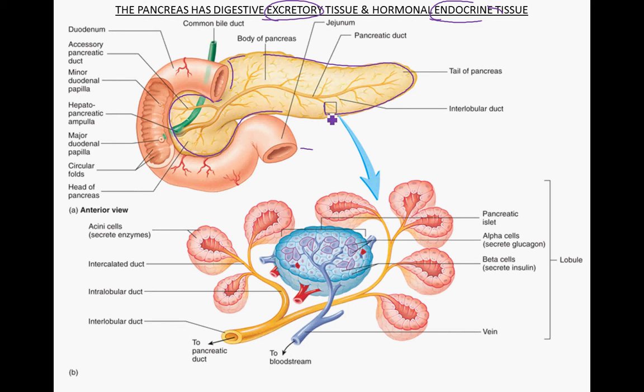If we zoom in on just a section of that, we're going to see the two different types of tissues. Here we have glandular tissue, and these would be the cells. This would be the lumen, and the secretion would move into this duct, and we just trace where this goes. This is going to go right to the pancreatic duct. That's the name of this. And then this is going to dump into this pancreatic duct, and then that is going to open up into the lumen of the small intestine here, which is open to the outside world.